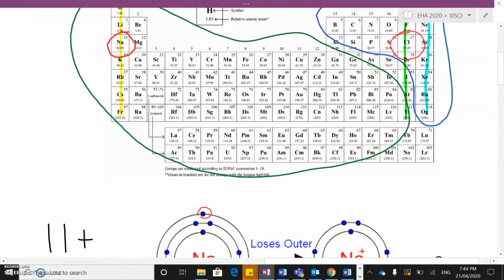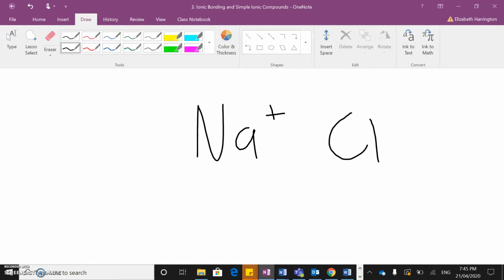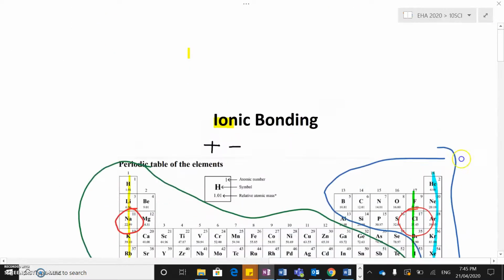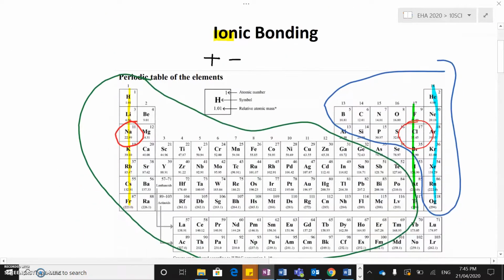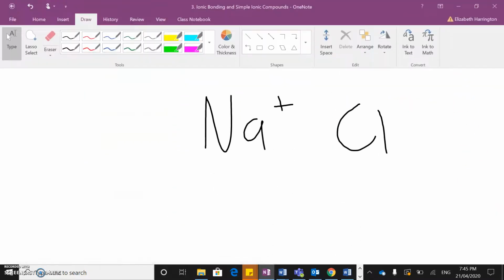What you end up with is a sodium atom that's positively charged. Our chlorine atom, once it gains this little lonely electron, let's have a look what the atomic number of chlorine was. 17. If it gains 1 more electron, then it's got 18 electrons, but it still has 17 protons.